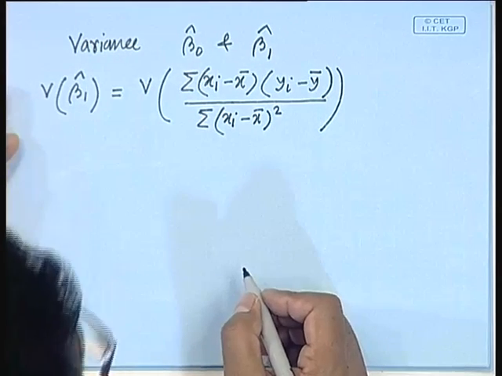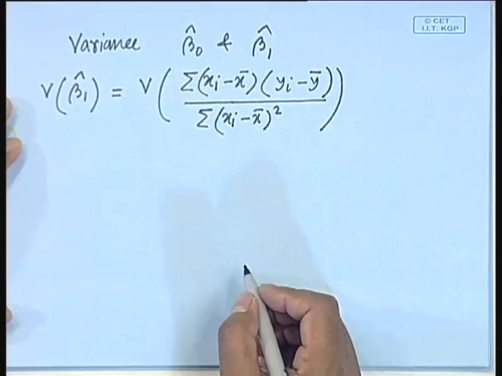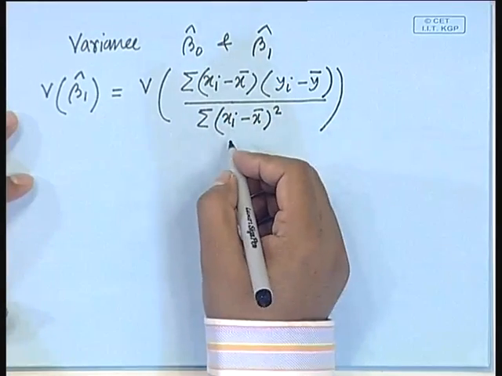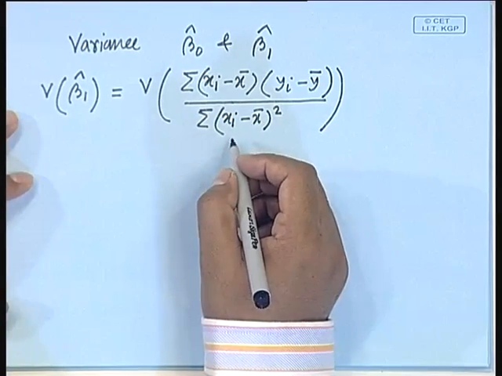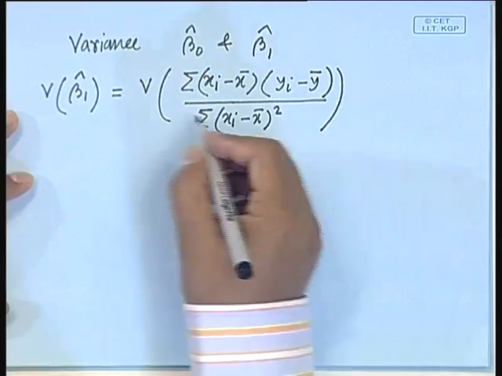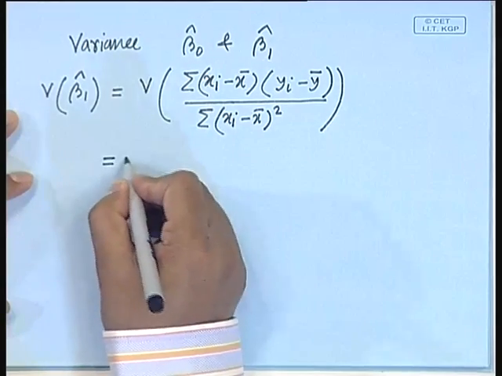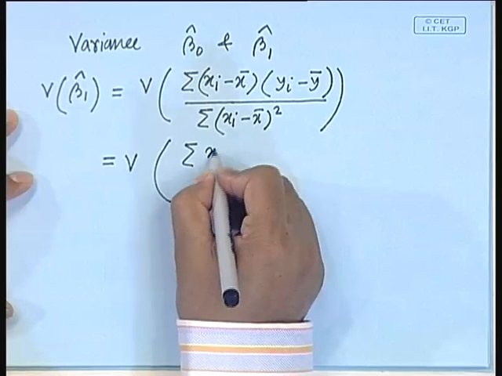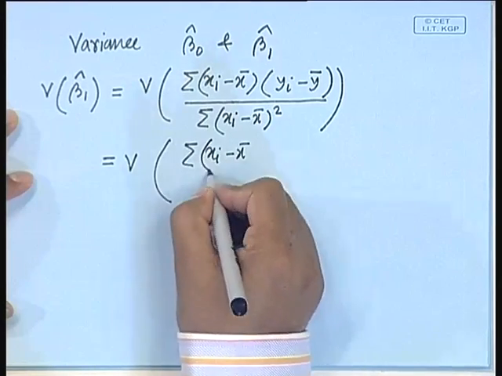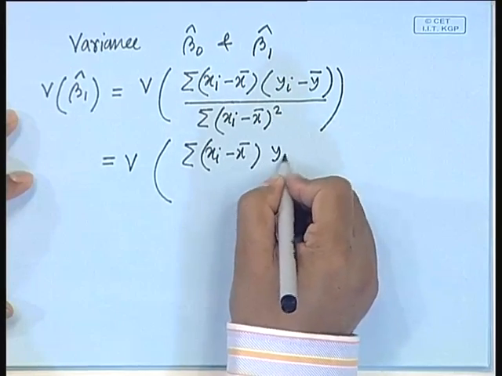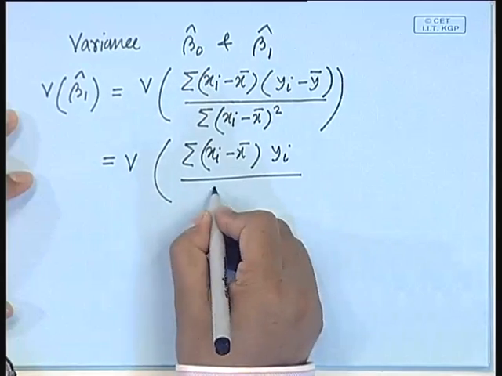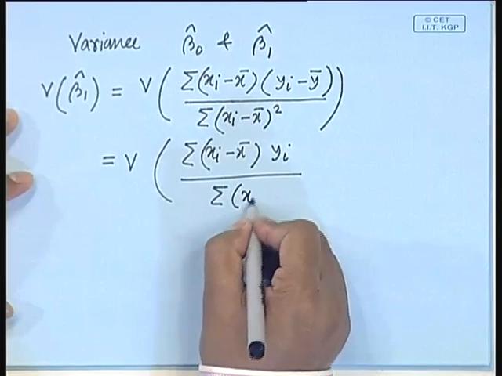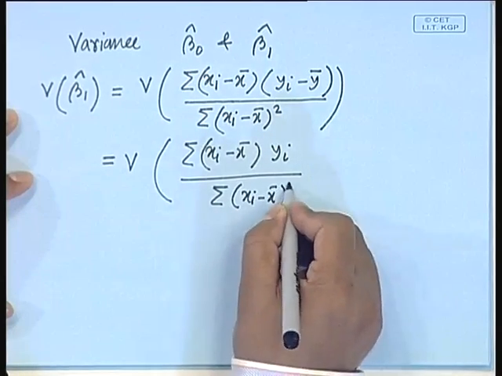Now this can be written as the variance of summation xi minus x bar into yi by summation xi minus x bar whole square.